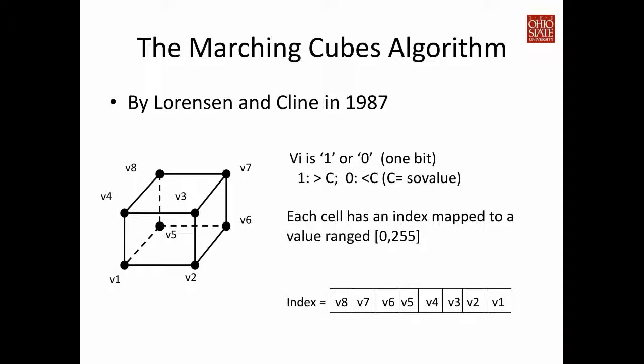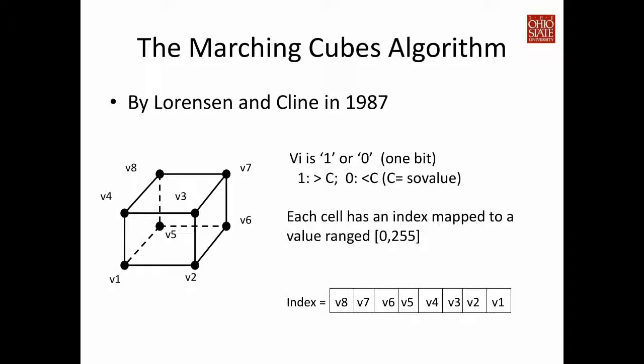For a cubic cell, we have 8 vertices, so you can create an 8-bit number as shown at the bottom of this slide. Each vertex is represented by a bit in this number. The corresponding bit has value 1 if the value at the vertex is greater than the isocontour value C, and value 0 if it is less than C. This is similar to what we described before for the 2D case.